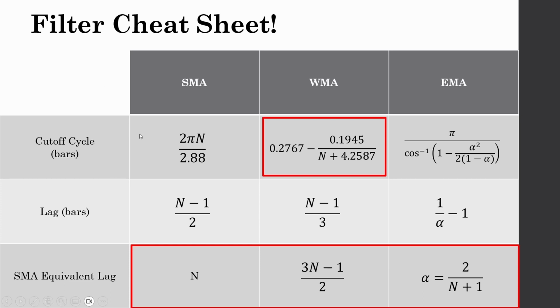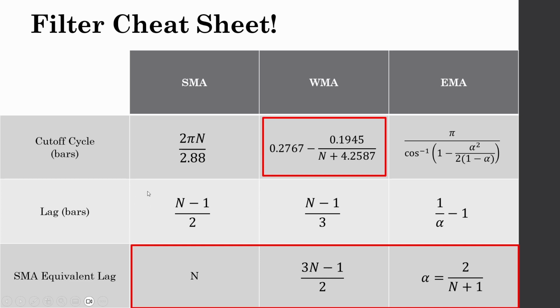So for a simple moving average, that's 2 pi n over 2.88. Similarly, for the weighted moving average, I've developed this expression. This is an approximation because the weighted moving average does not have an analytical solution for the cutoff. The exponential moving average does have a closed form solution, and so it's a little bit complicated here, but this is the arc cosine or inverse cosine function, and then it's a function of alpha, you see here.